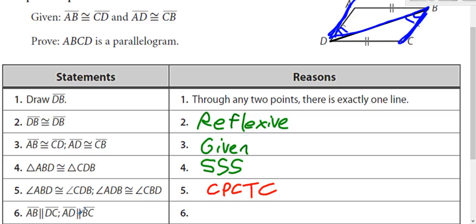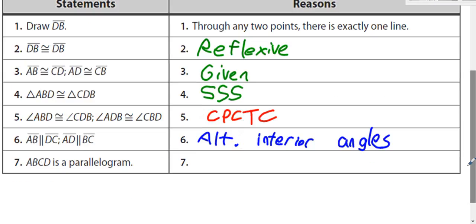So AD and BC are also parallel because of alternate interior angles. So if opposite sides are parallel, then it's a parallelogram. That's the definition of parallelogram.